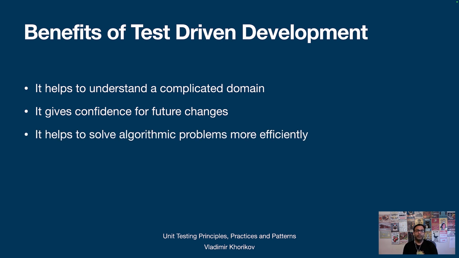For test-driven development, I have personally experienced that if you are doing any kind of algorithm-related questions, then it will definitely help you to solve those problems. So that is why test-driven development can be very, very handy, especially in the cases when you're working with a complicated domain.